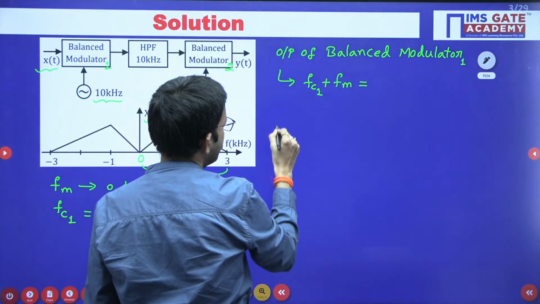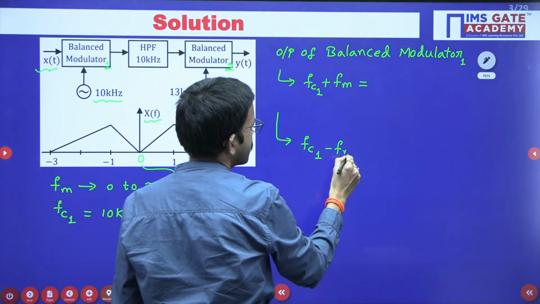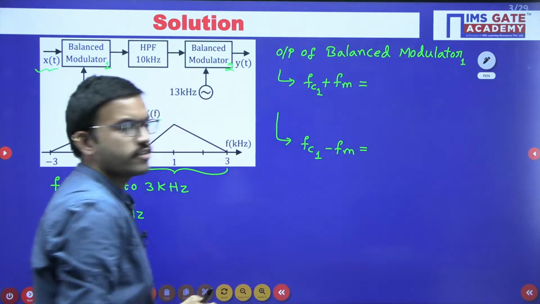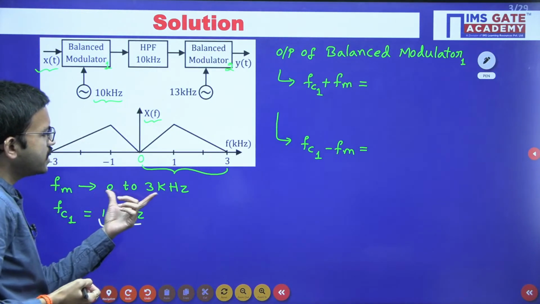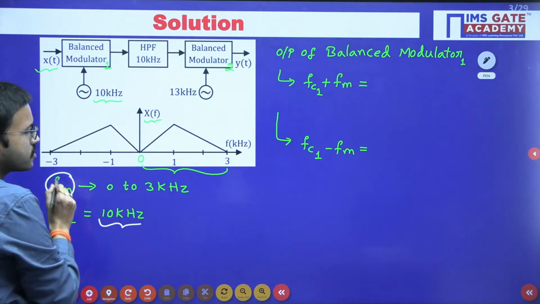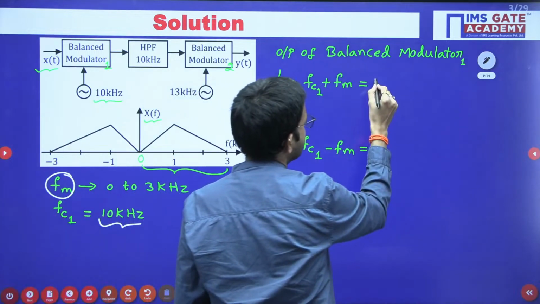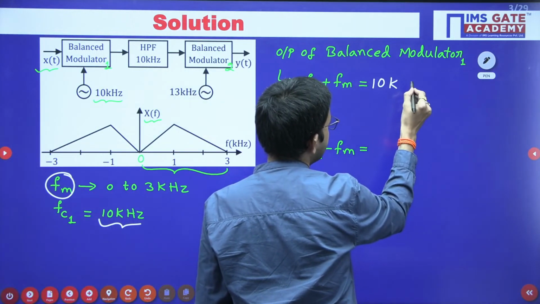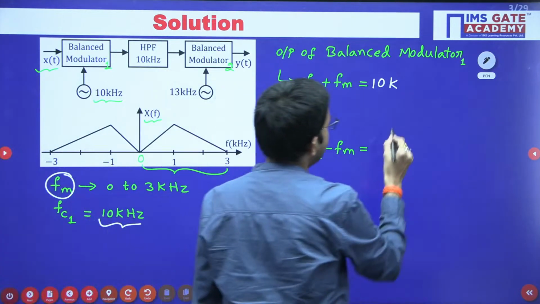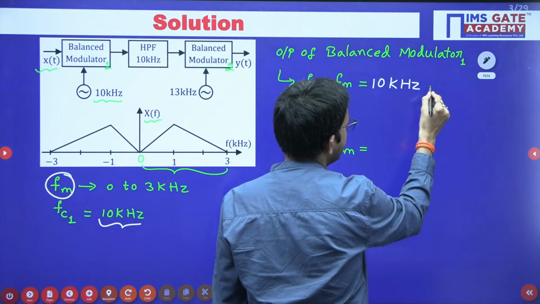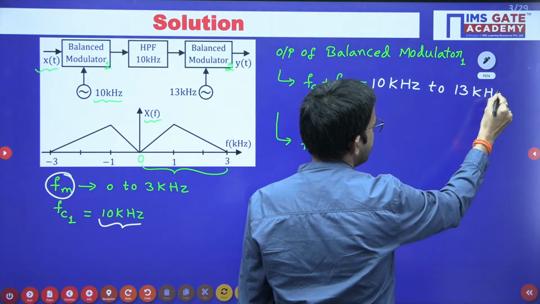And similarly one more frequency you get, that is FC1 minus FM. Here FC1 is 10 kilohertz. Whatever the range of frequencies you have regarding FM, you just have to add. So 10k plus 0 is 10k, and 10k plus 3k is 13k. So here we have 10 kilohertz to 13 kilohertz.